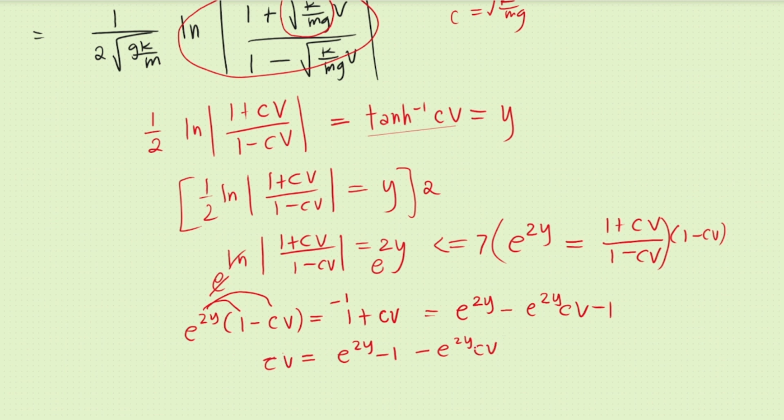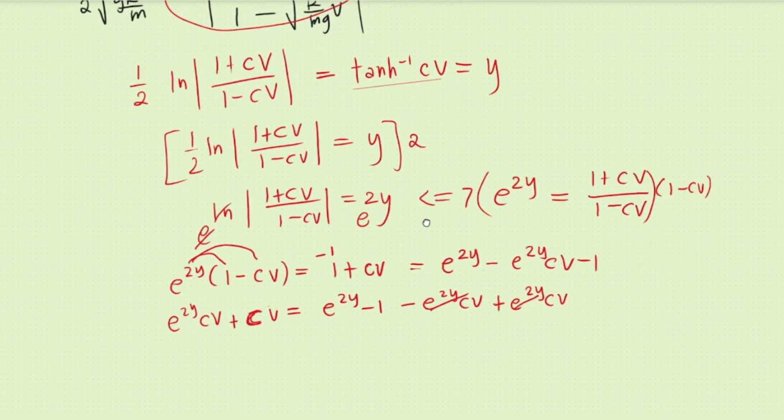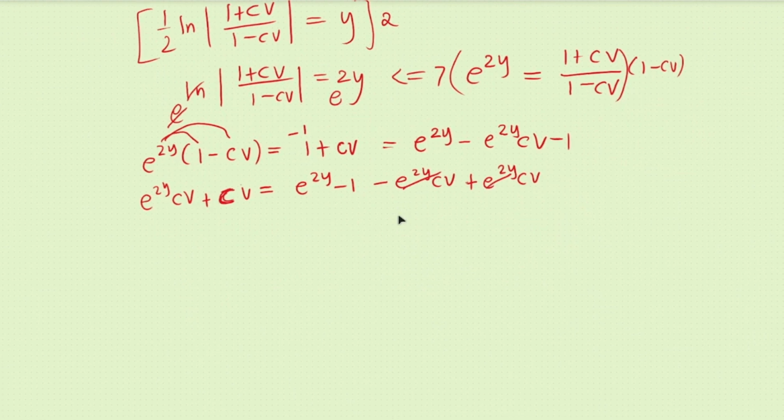But we also want this term to be transferred there, so we're going to add e to the 2y cv to both sides of the equation. These things here are cancelled because that's just 0. So we can factor out the cv.